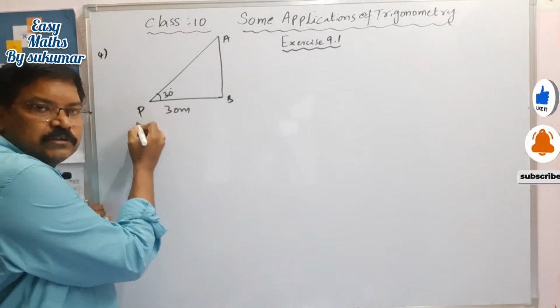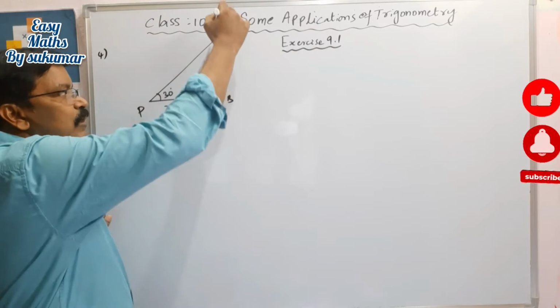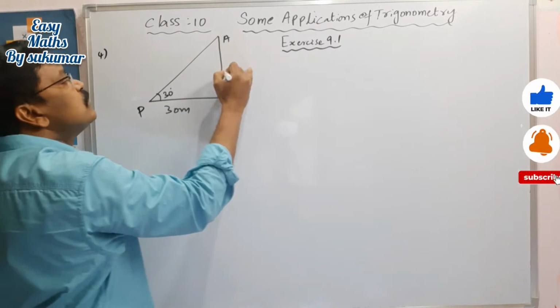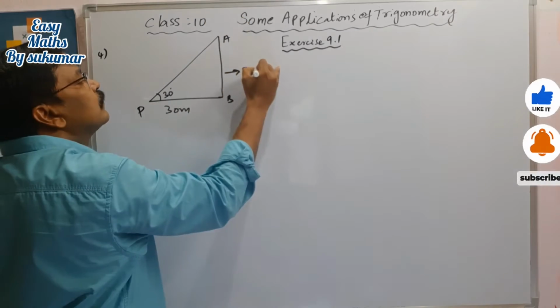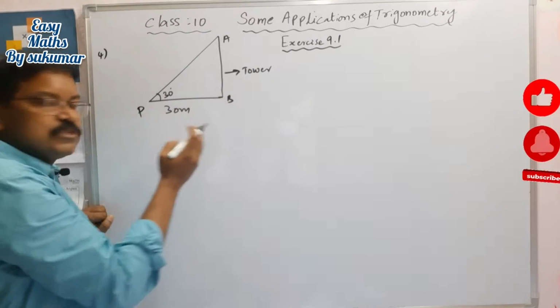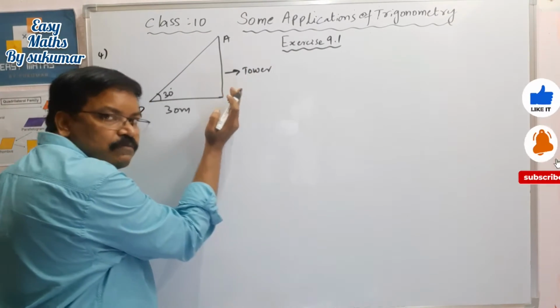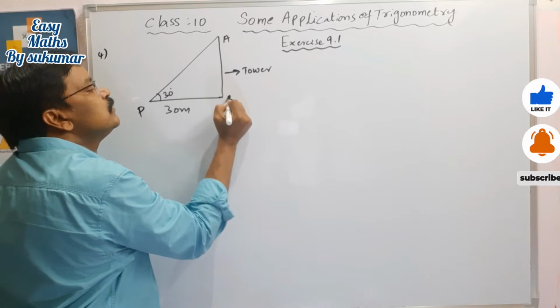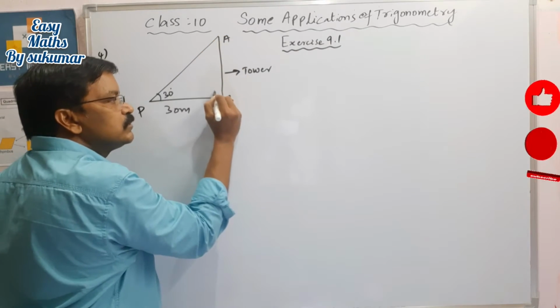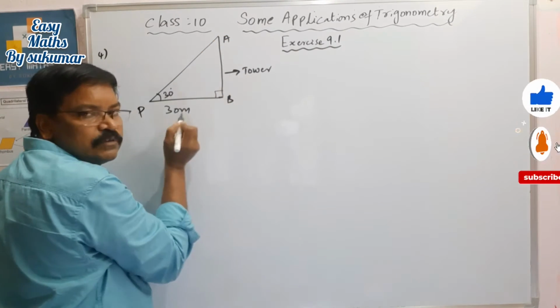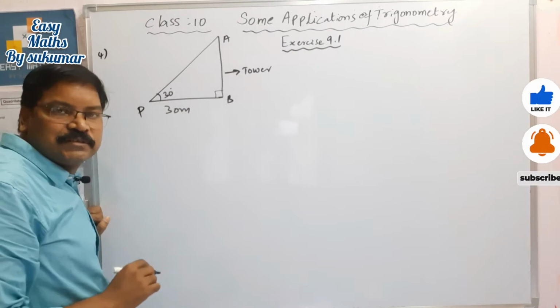The angle of elevation of the top of this tower, which is 30 meters away from the bottom of the tower. This is the bottom of the tower. This distance is 30 meters.